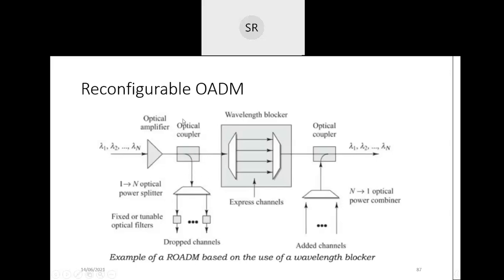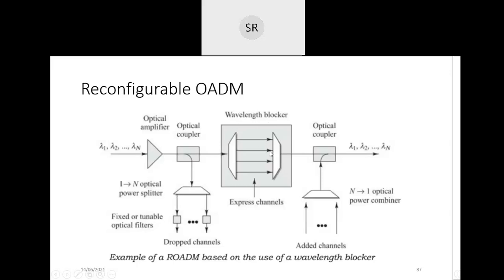To drop these, we can use a coupler, a Bragg device, or an interference filter to remove those particular wavelengths from the optical fiber. Optical filters are used so that particular channels are dropped, and then the signal is transmitted without that particular channel.